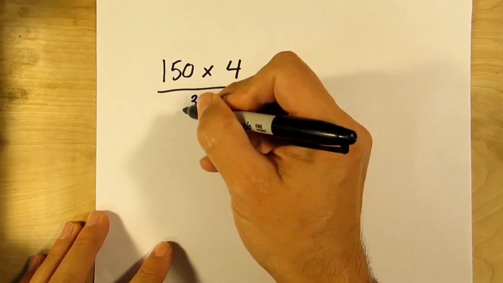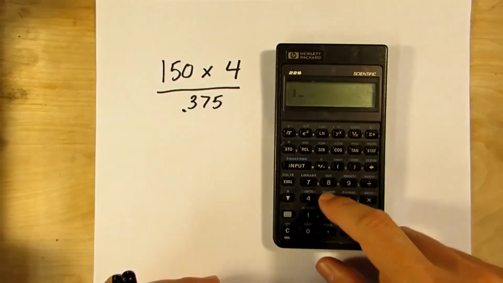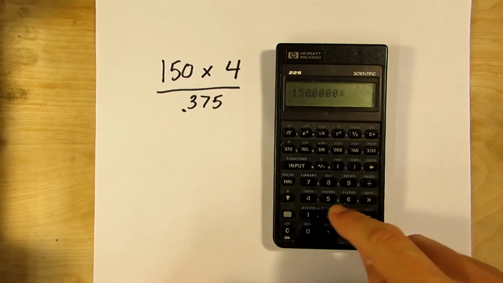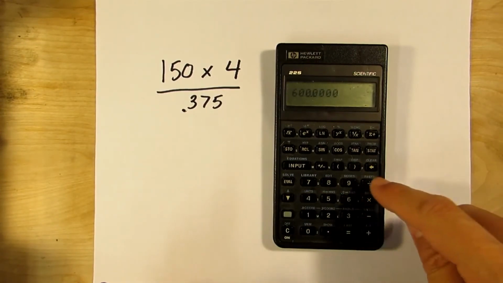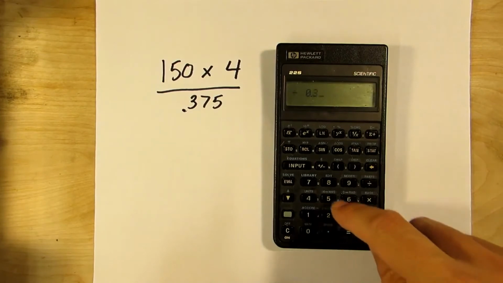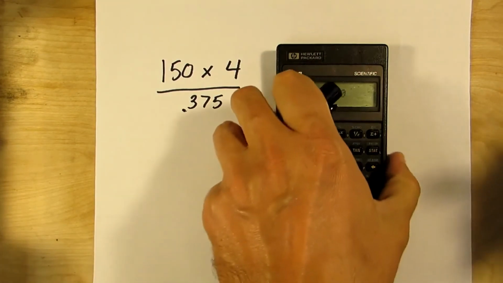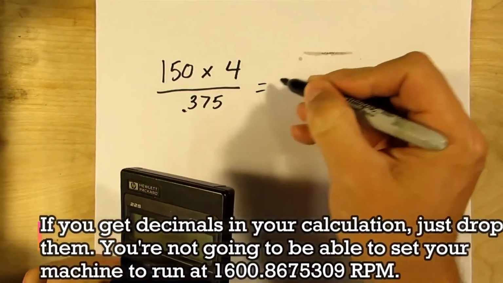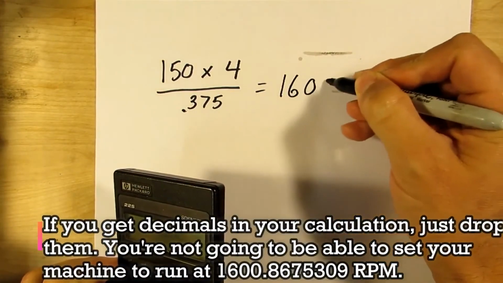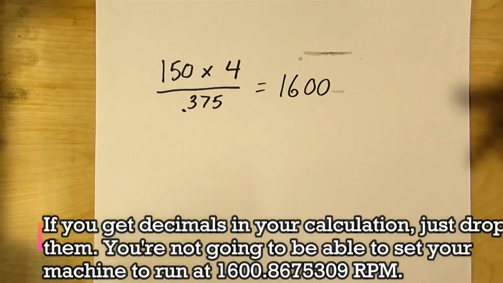Got to use decimal inches here. We do 150 times 4, that's 600, divided by 0.375, and we end up with 1600 RPM.